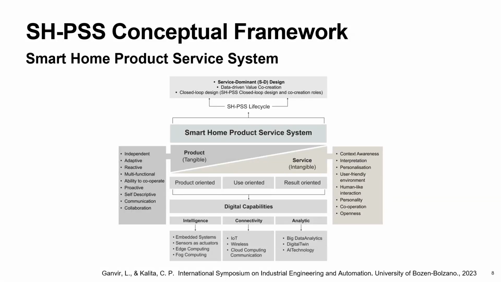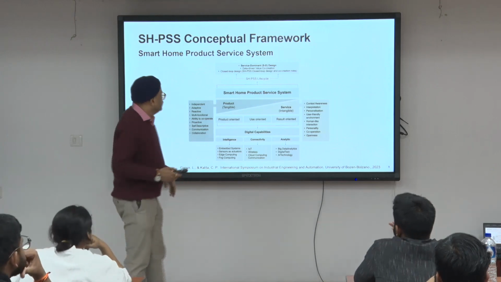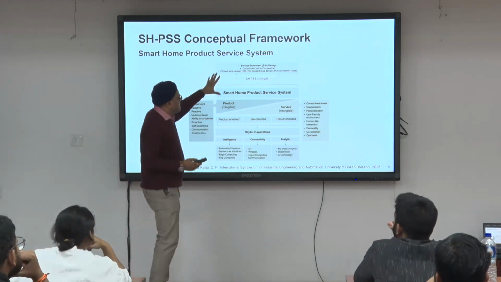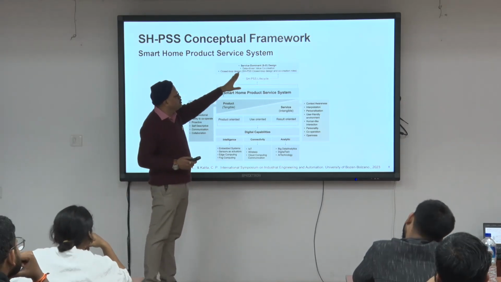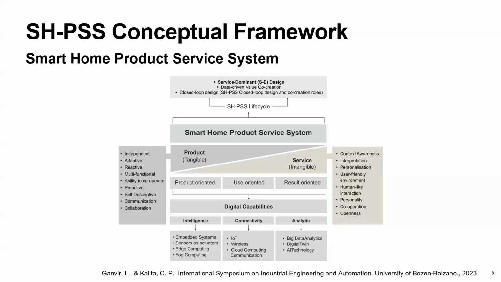It has to evolve, and it should be able to collaborate and co-create, right. So this was the basic vision that we have talked about: service dominant, data driven value creation and closed loop design. This is the overall framework of the product service system design that we have visualized for our case. Our case is the PSS design for smart home, right.